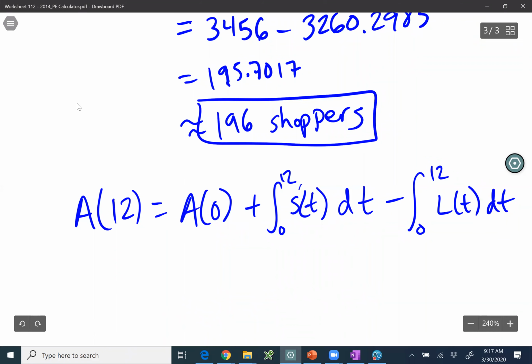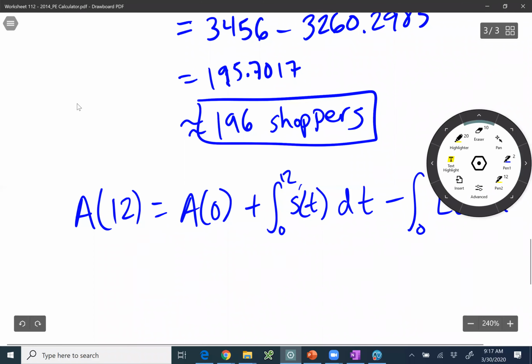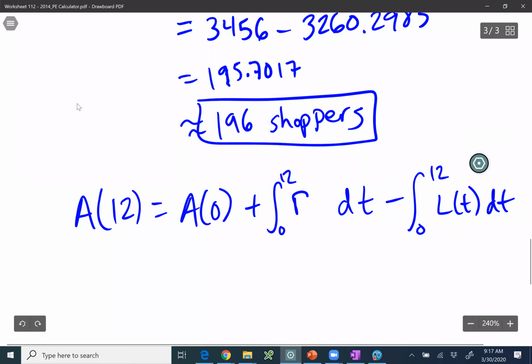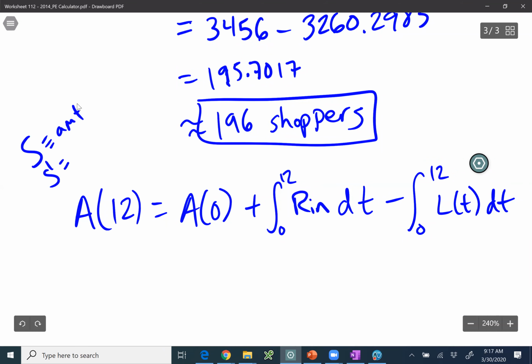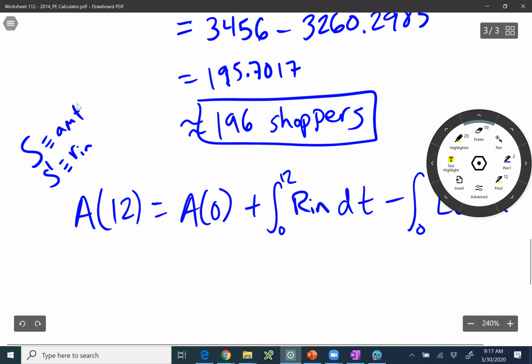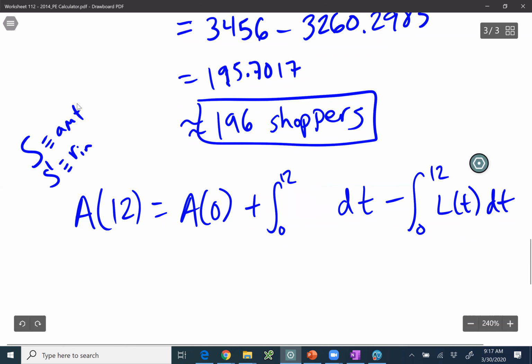The reason I'm writing it that way is we had written this as rate in. Well, what is the actual rate in? The rate in is not S, right? S was the amount. So S prime would be the rate in. So we could have changed this to S prime of t dt.